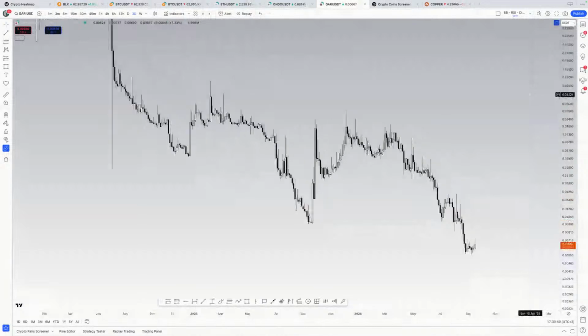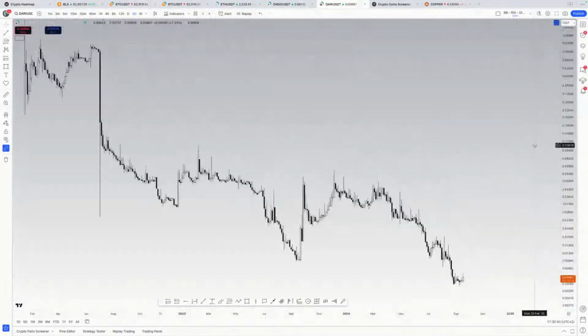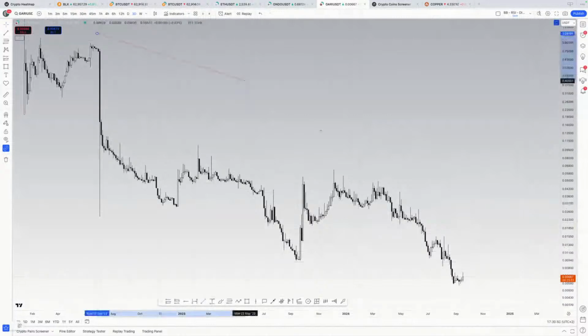Okay. Whoever asked me to analyze this, firstly, I know nothing about Gary Network. Nothing. The only thing I see is this is really negative, price action wise. It's been suffering for a long time.